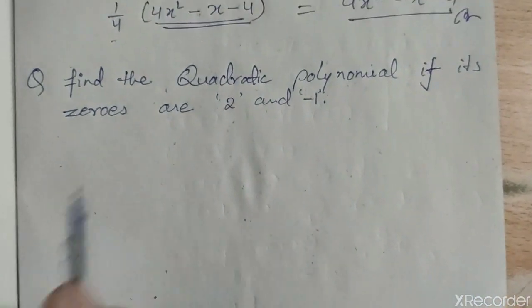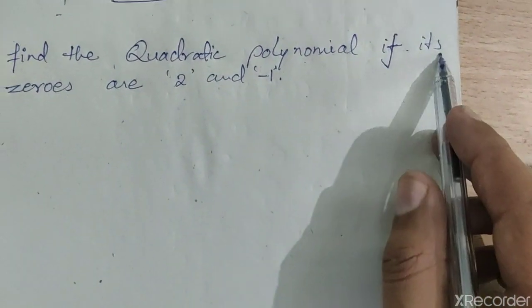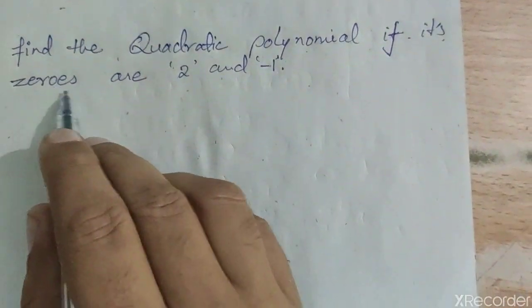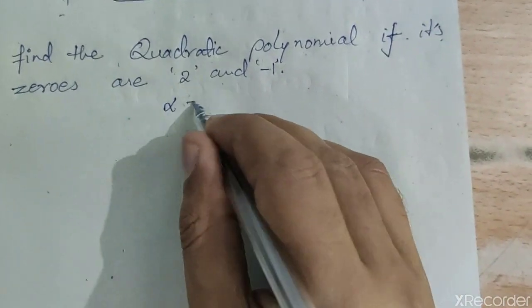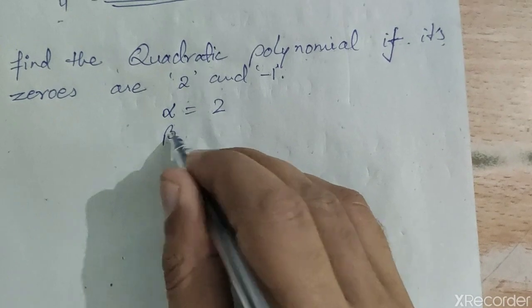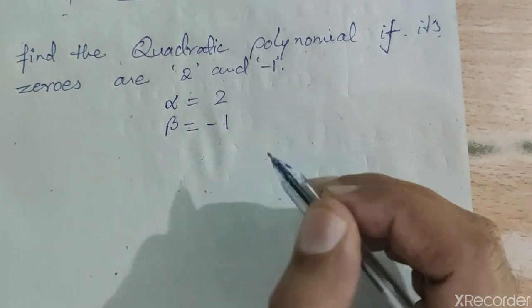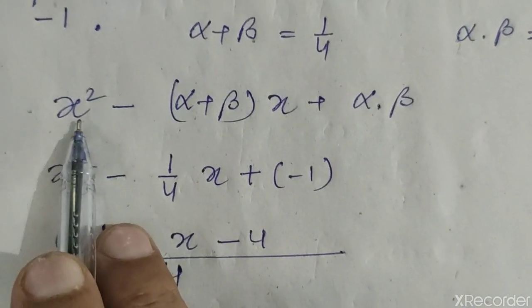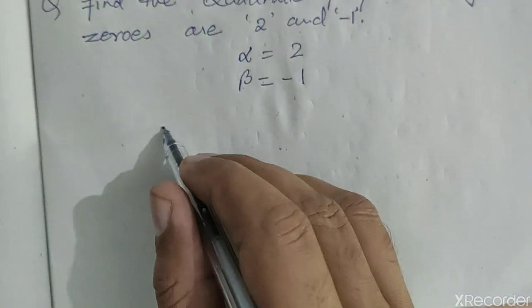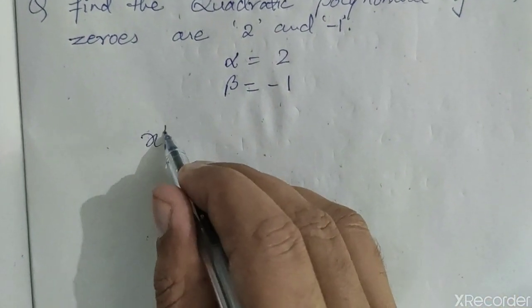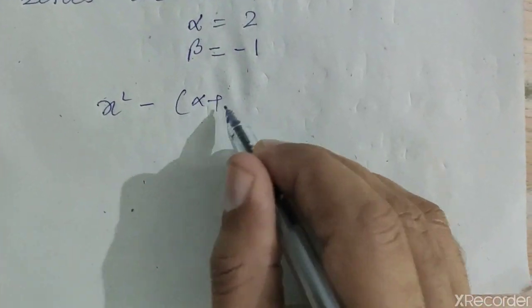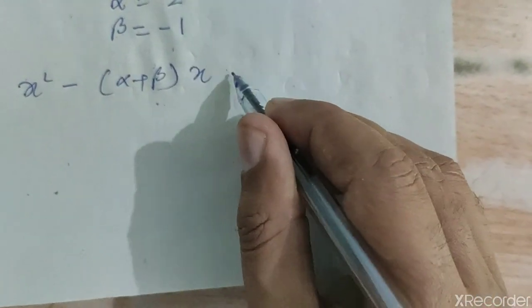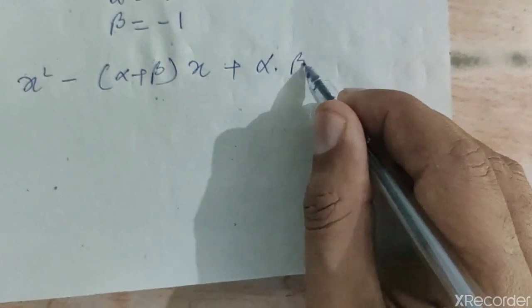One more question we are doing. Find the quadratic polynomial if its zeros are alpha equals 2 and beta equals minus 1. We know that the quadratic polynomial can be calculated as x square minus alpha plus beta, that is the sum of zeros, into x plus the product of zeros, alpha into beta.